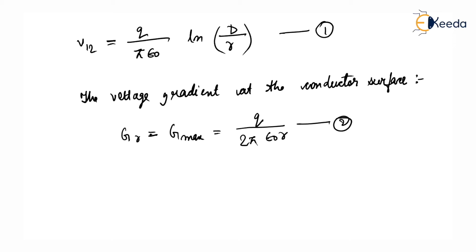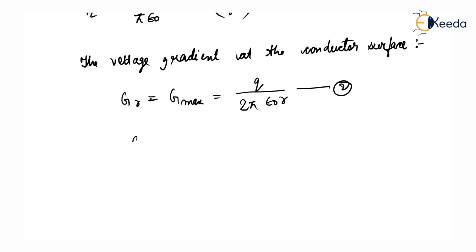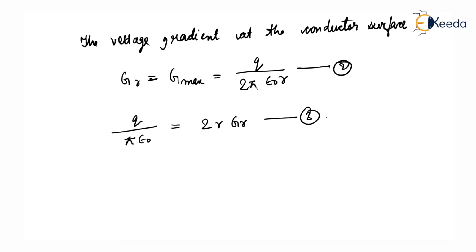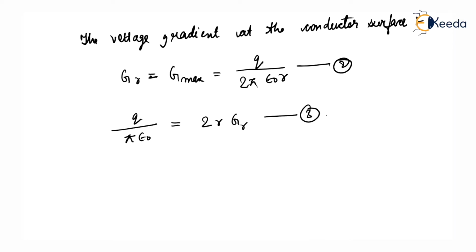This is equation number 2. So from this equation we can write Q upon pi epsilon naught is equal to 2r into g_r. This is equation number 3. This r is in suffix.